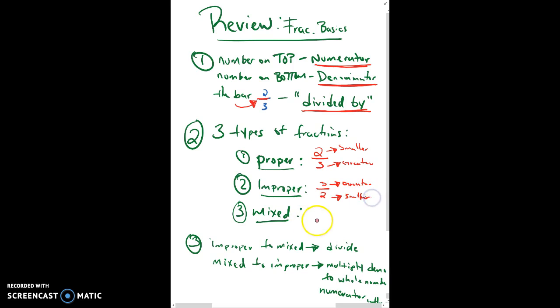And then there is mixed numbers, where it looks something like this: 1 and 2 over 3, where the fraction is accompanied by a whole number and a proper fraction.